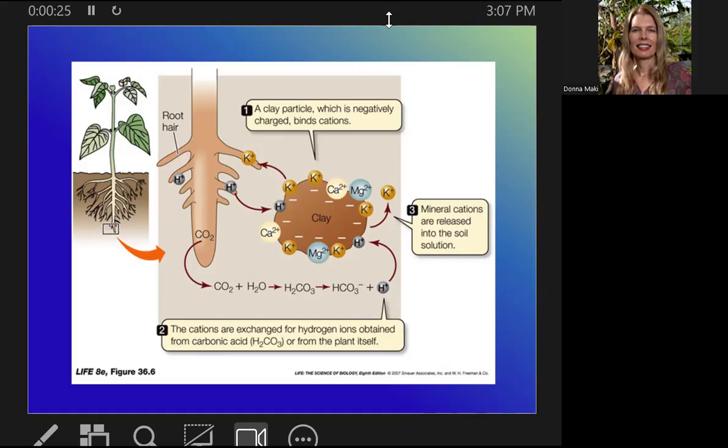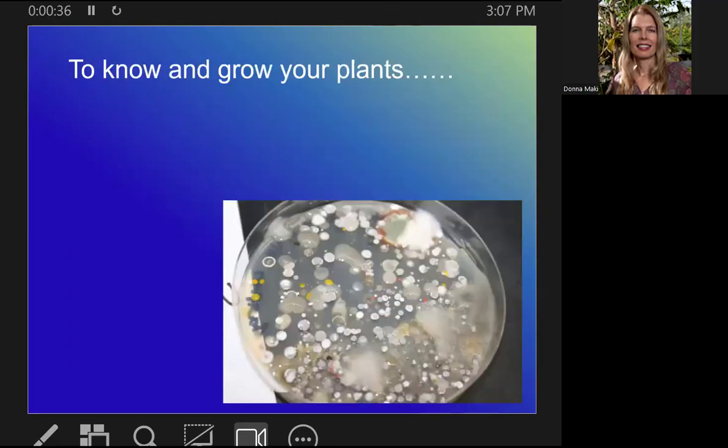The cation exchange process is really important for mineral acquisition, but so are the microbes. So if you wanted to use this knowledge on your own, whether it be your house plant or if you're growing plants for your job, you can't ignore the soil.